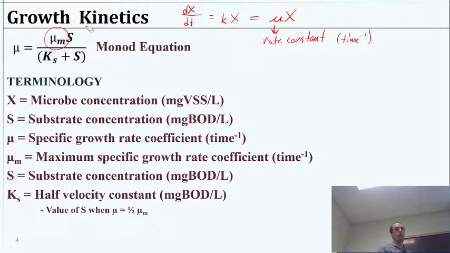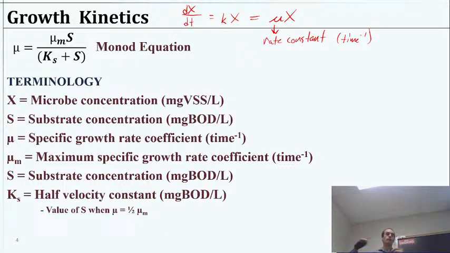Now, if S goes pretty far down close to 0, then we have a very small number up here times the mu max divided by, this is approximately 0, so you're just dividing that by that Ks. So you can see how at the limits of where we might use this equation, at the high end, we're going to plateau at whatever mu max is, okay?